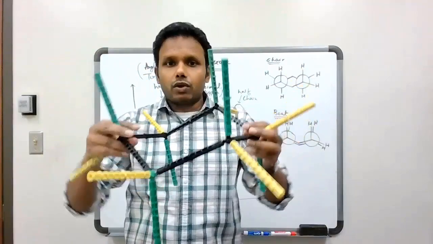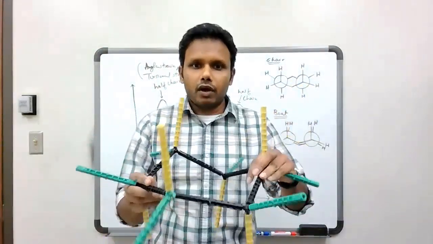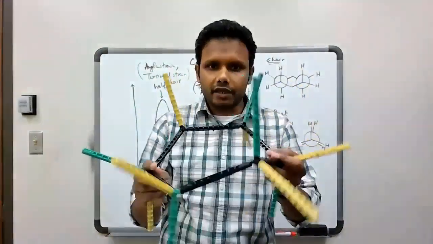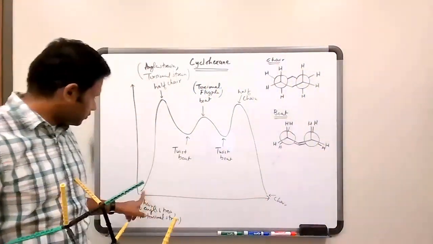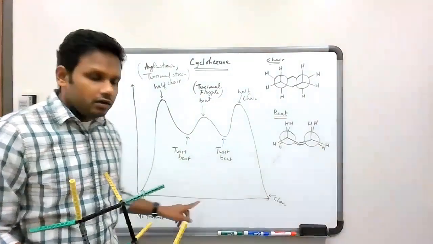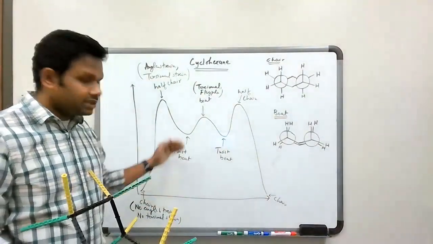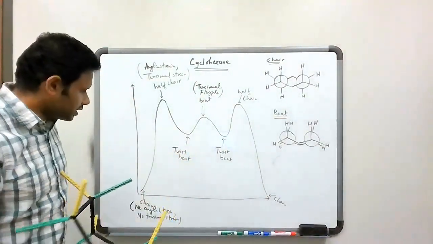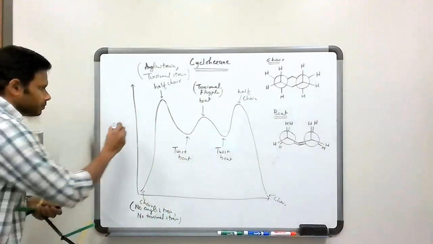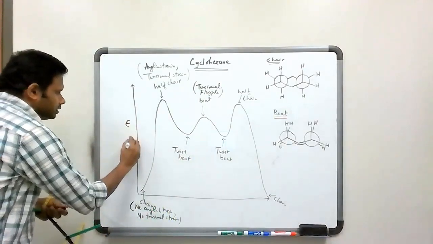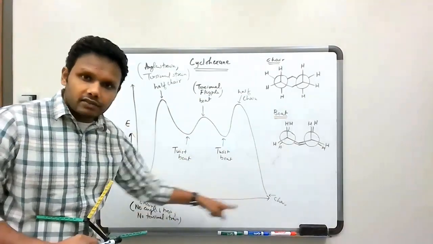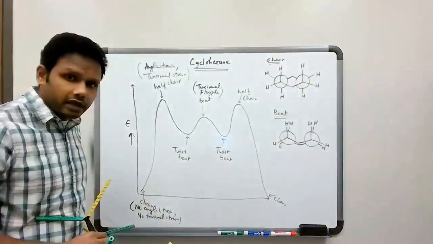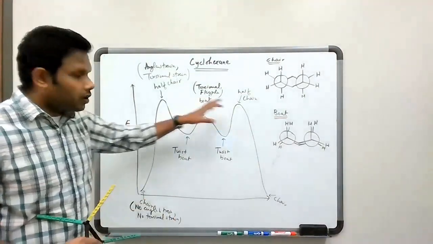So those are all the conformations that are possible for cyclohexane. But as you can see, the two chair conformations are significantly more stable. This is an energy scale, okay? This is energy here. So the two chair conformations are significantly more stable than the other conformations.